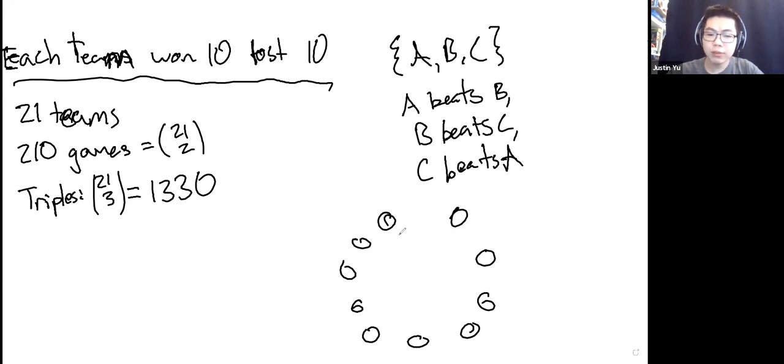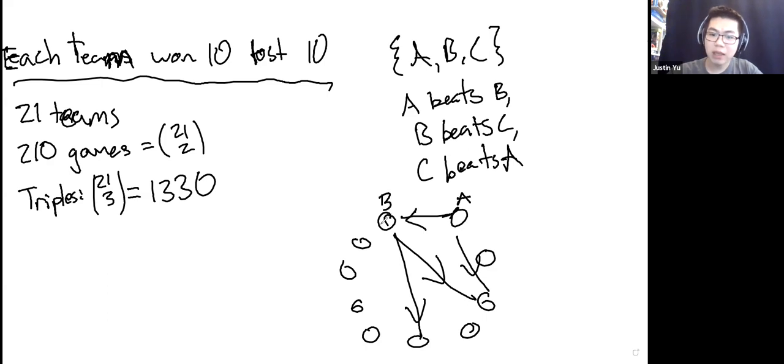What we can do is draw arrows that represent wins or losses. And the order that you choose doesn't really matter. It all depends on you. I'm going to say that an arrow going from team A to team B means that team B beat team A. So does everybody understand this setup? We can draw arrows between every pair of teams that signal whether they won or lost games.